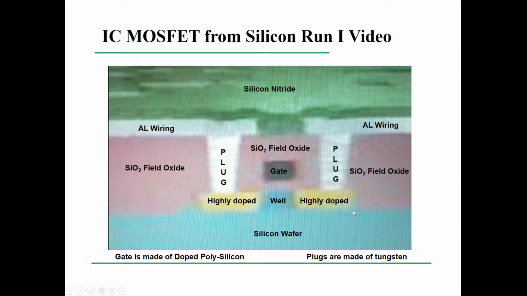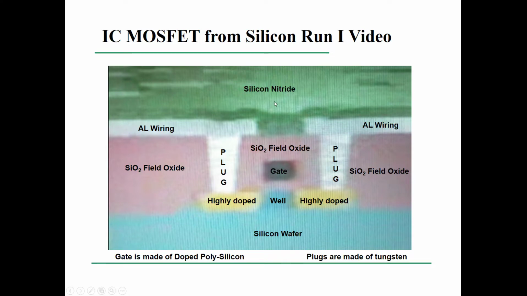This is a single transistor, but on a typical IC you're going to have hundreds, thousands, even millions. Microprocessor ICs have millions, if not billions, of these transistors, and they're all interconnected by this aluminum. The silicon dioxide provides isolation between transistors, and also between, you can see here, the gate and the plugs that connect to the drain and the source.